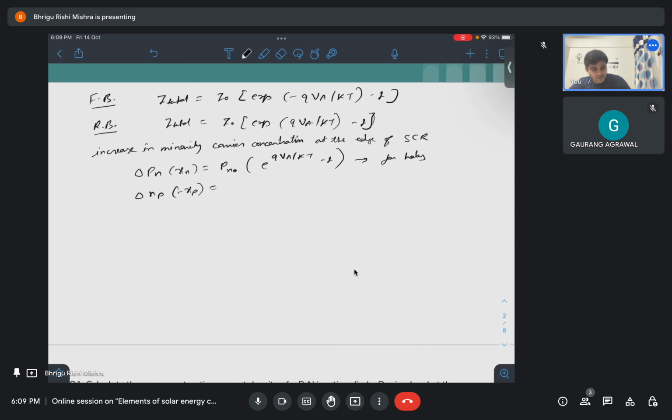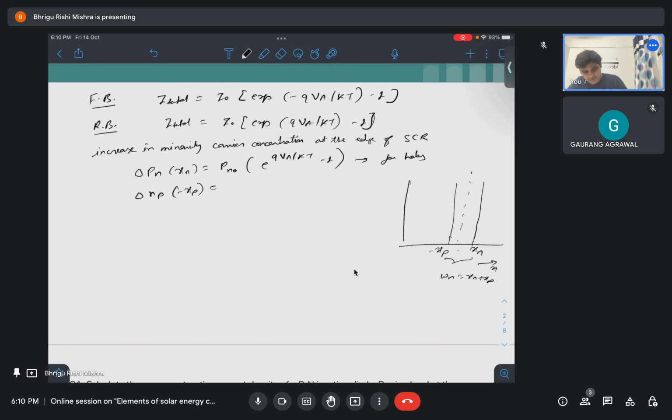Suppose this is my depletion region. This position is minus xp and this position is xn, and somewhere here is the origin. W is xn plus xp, the width of the depletion region, or SCR.